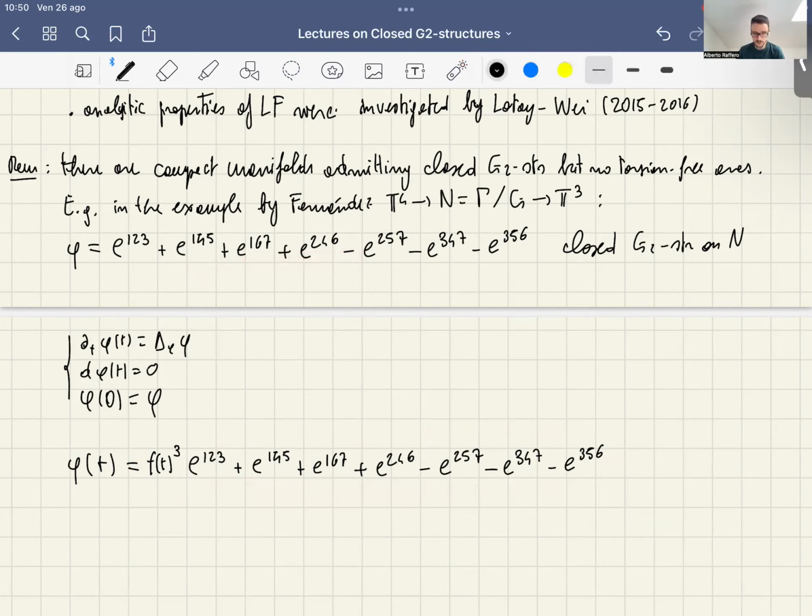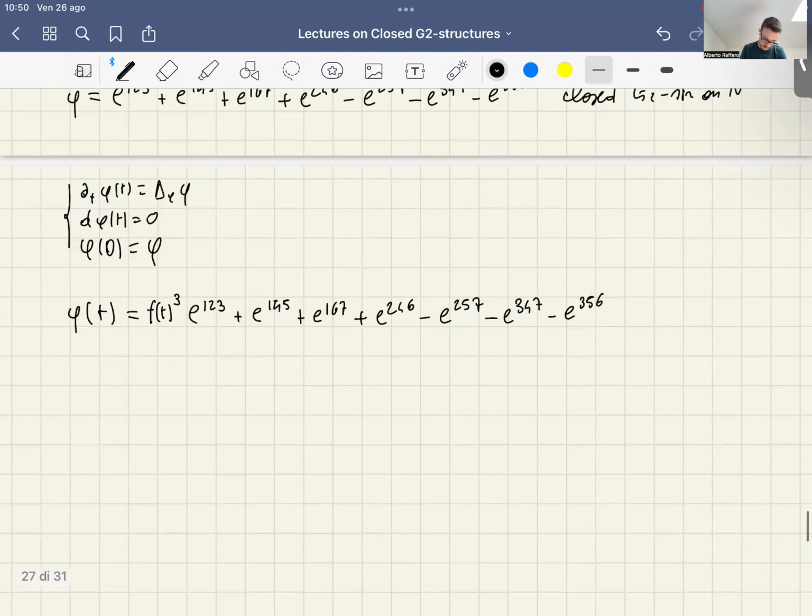And of course, you are not always as lucky as in this case, because it may happen that some further summands appear in the solution. And so it is more involved to obtain a solution of the flow in those cases. Here, in particular, ft is the following function.